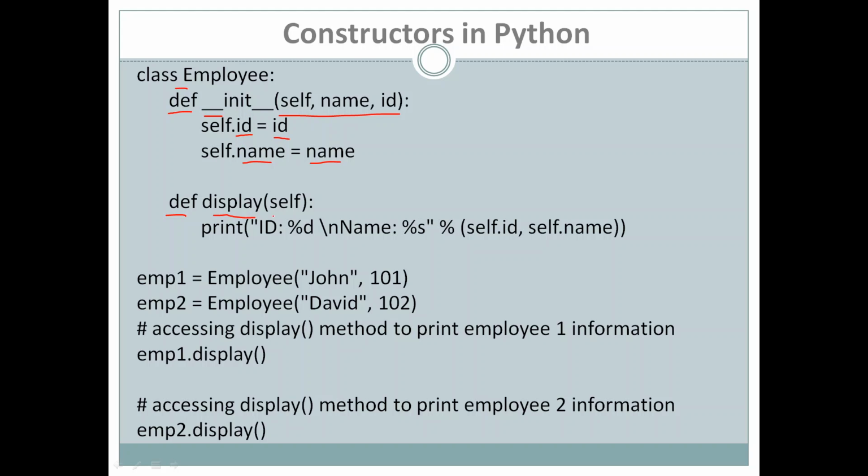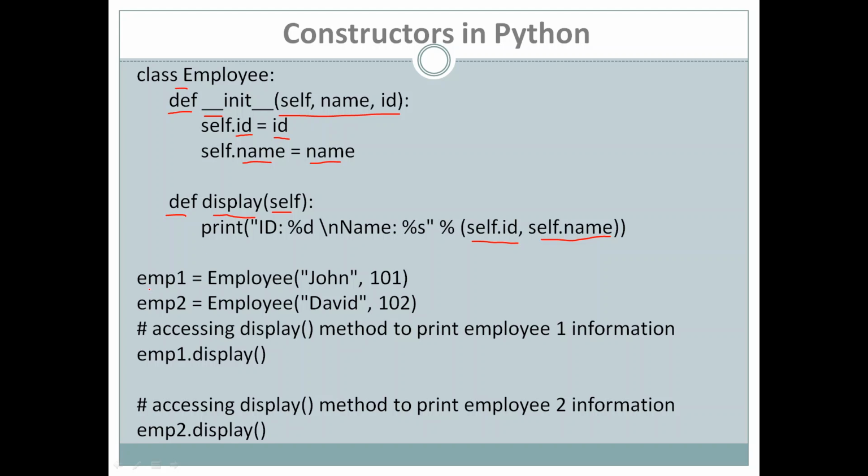The display function again takes one argument, that is self, and from this display function we are simply printing self.id and self.name. So we are simply printing the values of variables id and name here. So this is the class Employee, which contains two functions, init and display. Init is a special function, display is one more function.